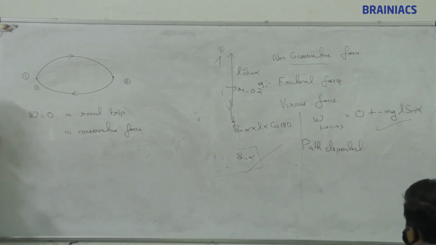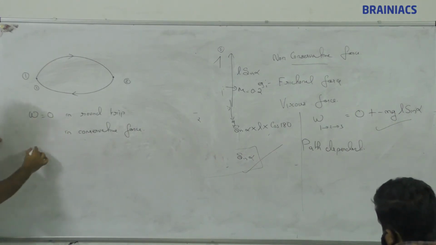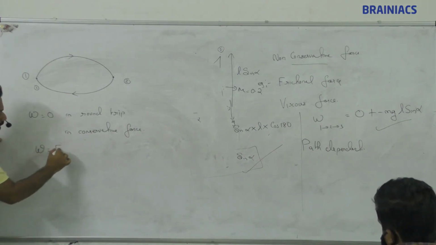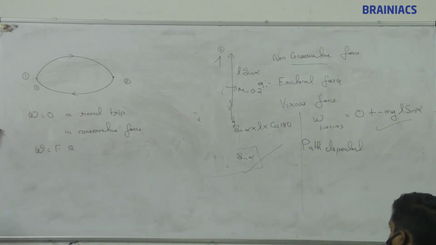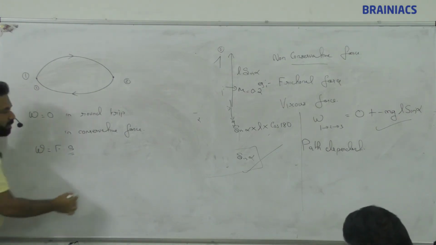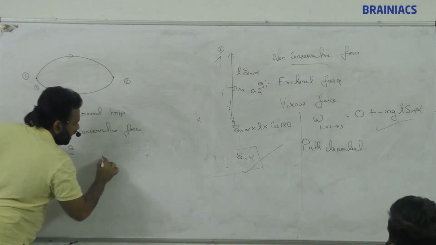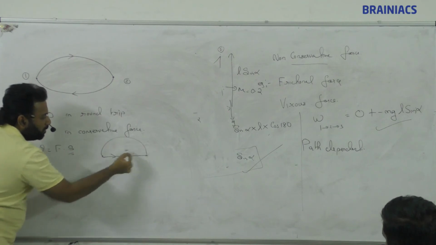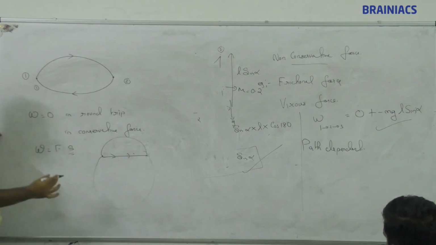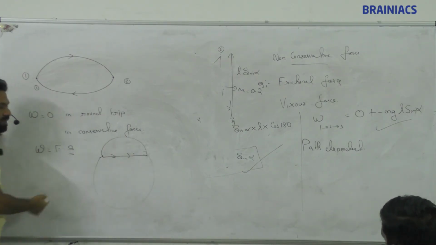In conservative force, this work is equal to F dot S. This concept also works correctly for conservative force only, because here this is displacement. When we say shortest straight line path, if we go in this way, this will be displacement.